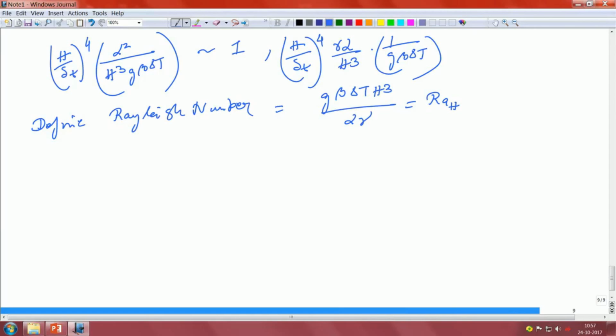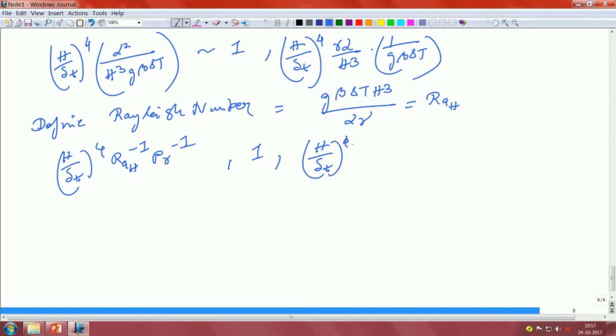So, therefore, it becomes h over delta t for Rayleigh number h minus 1, the other one is a Prandtl number, and then you have 1, and then you have h over delta t raised to the power of 4 Rayleigh number minus 1.